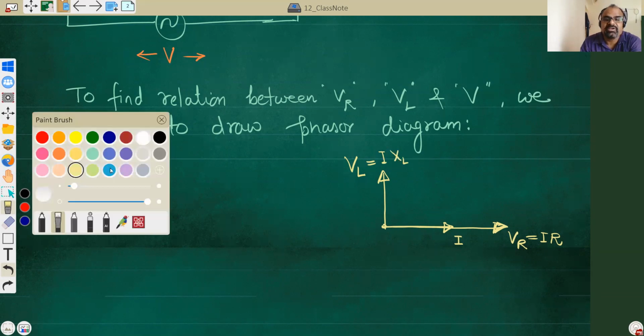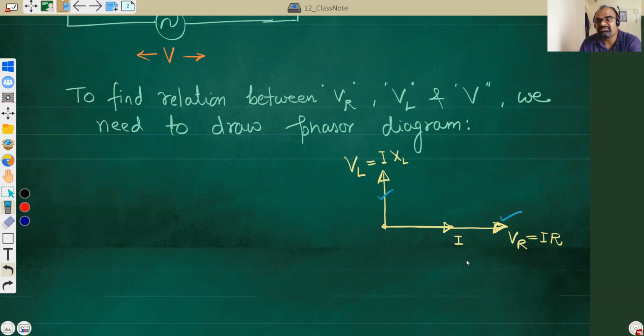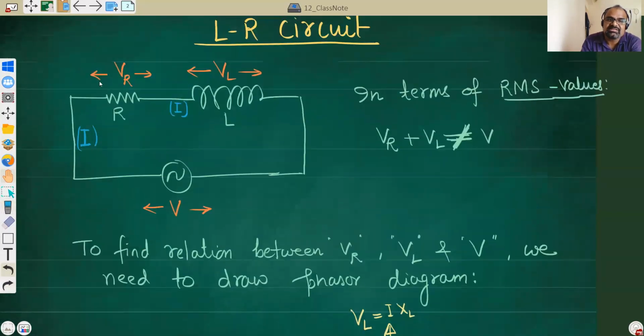Now we can add this voltage and this voltage. We can't add this with this, because this is current and this is voltage. You can't add current with voltage, but you can always add voltage with voltage. So if we add this voltage and this voltage vectorially, you will get this voltage, not scalarly, not like just numbers, not like 2 plus 2 is 4.